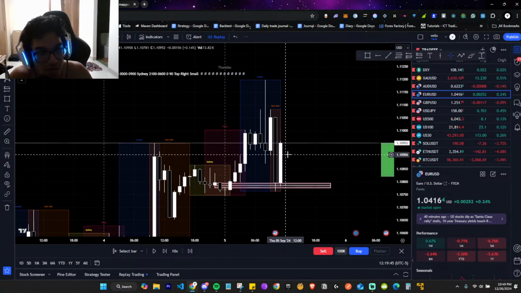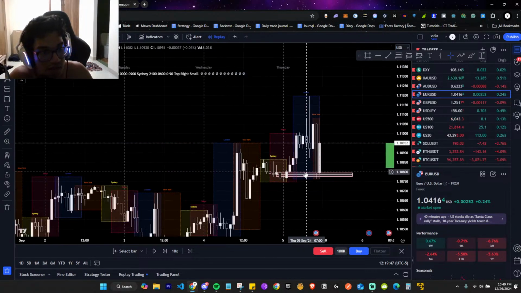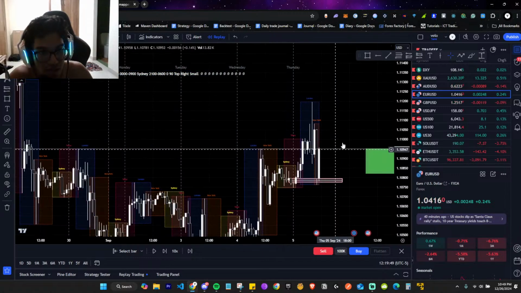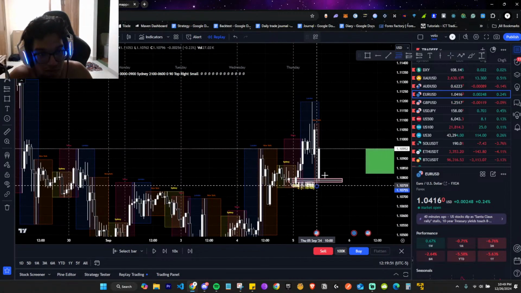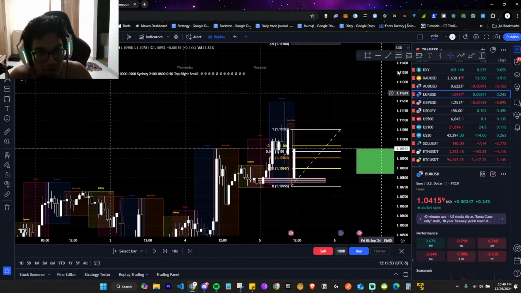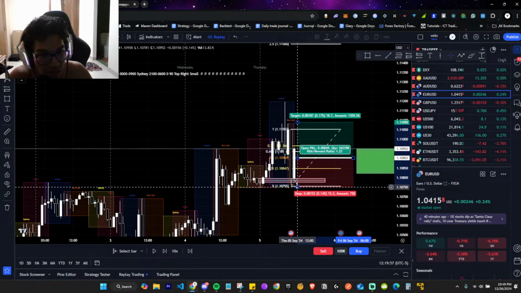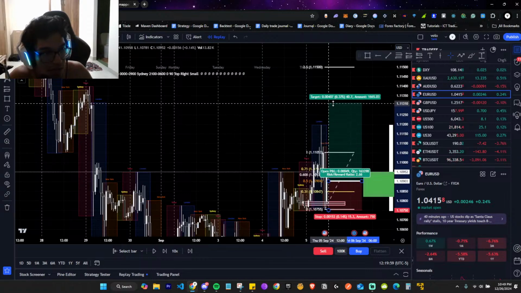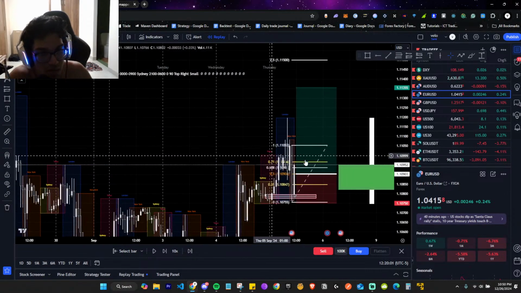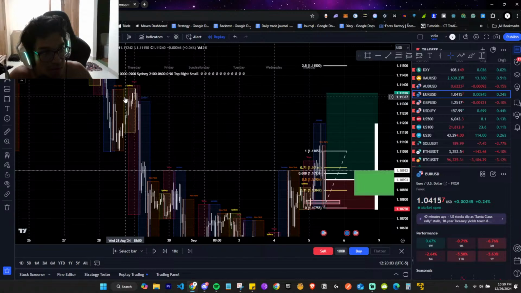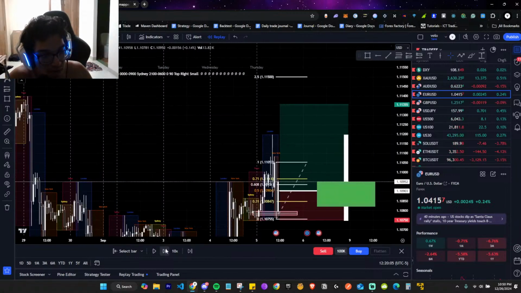So if we see a 0.5 hold, honestly I wouldn't consider this range, to be honest, but this is a 0.5 hold, and I would consider putting my stops slightly lower and targeting towards the next draw on liquidity on the weekly time frame. So that's probably right here. Yeah. Let's see how this plays out.